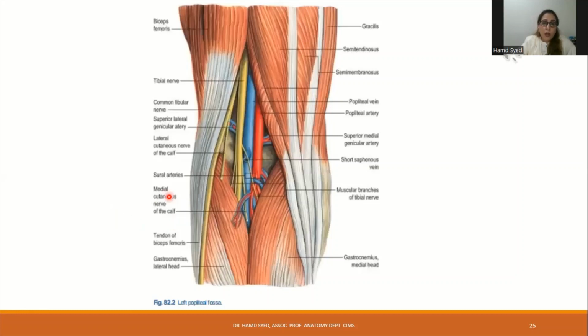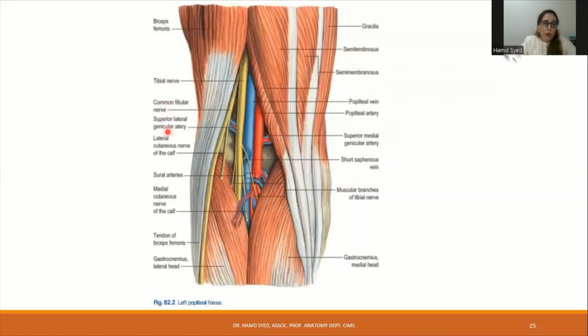Now, here is the diagram showing us these contents of the popliteal fossa. Here are the boundaries. Keep in mind that what we're looking at over here is the left popliteal fossa. So this would be the lateral aspect, and over here, this would be the medial aspect, because this is the left popliteal fossa.